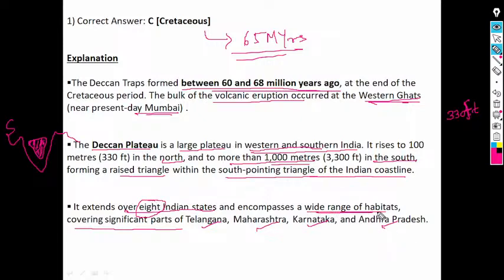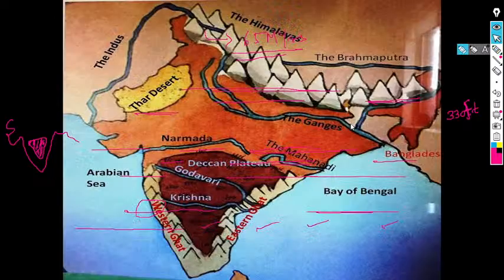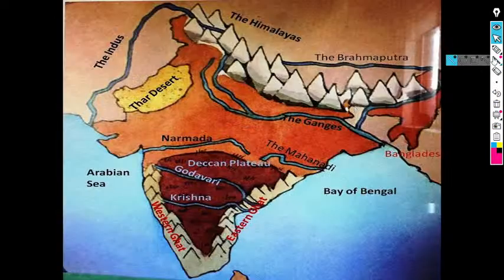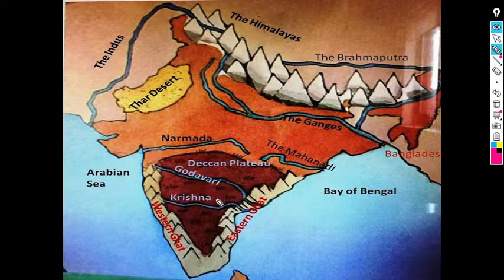You can see from here, this is Maharashtra, this is Telangana, Karnataka, and this is Andhra, and few pockets of Tamil Nadu also.